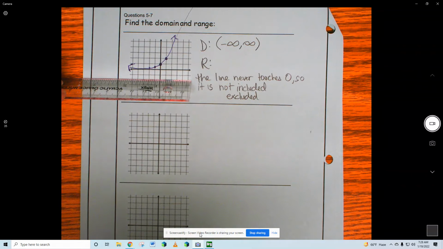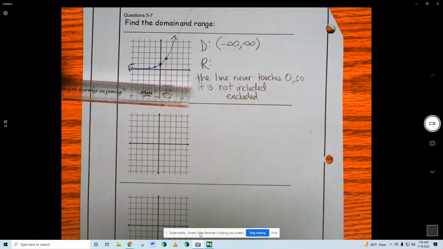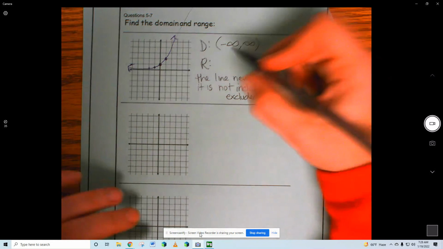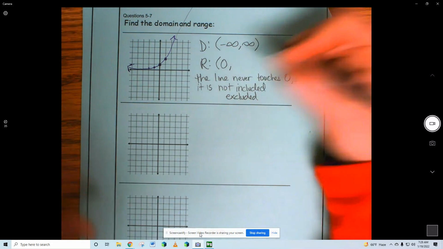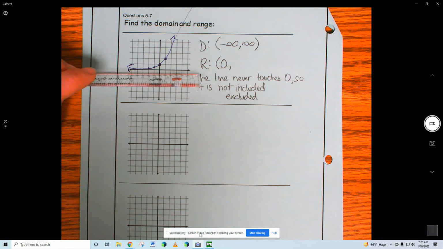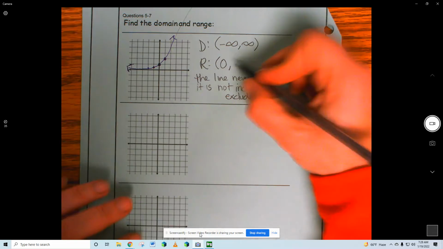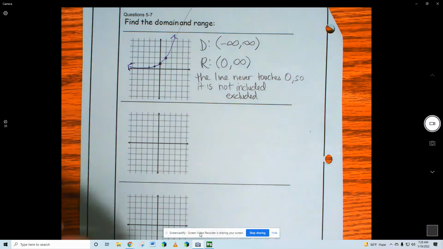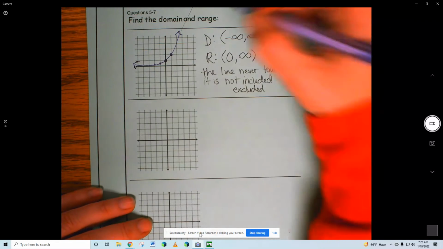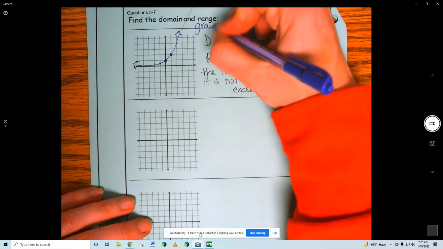Remember how I showed you on Desmos last week? How it never, ever touches, but it gets super close. I'm going to use a parentheses 0. And then it goes up high to positive infinity. This is exponential growth because it's going upwards.